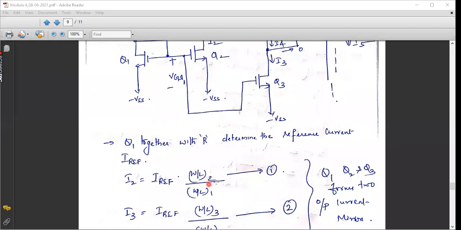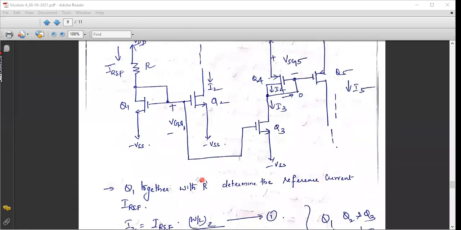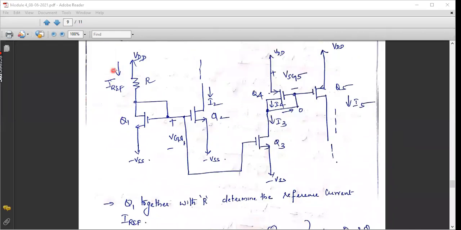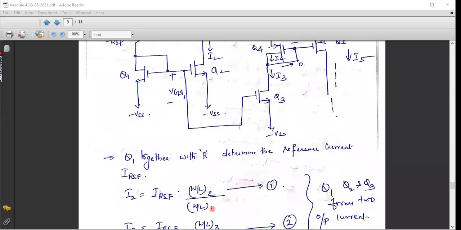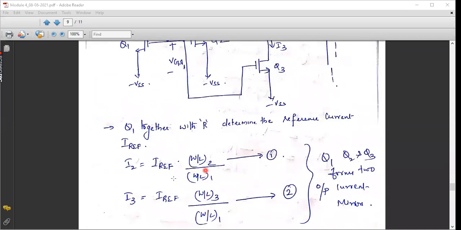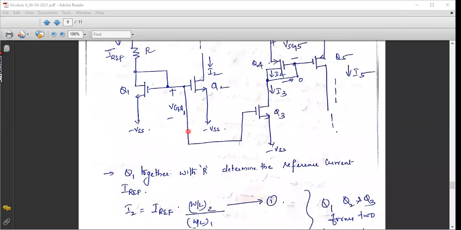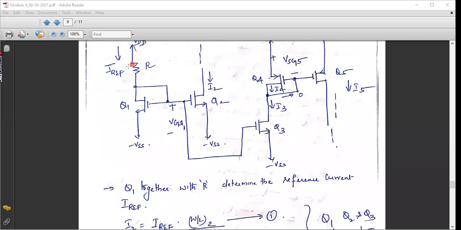This 2 indicates it is of Q2, divided by the reference transistor, which is Q1, because you know that the reference current is flowing through Q1. Therefore, we need to mention the aspect ratio of Q1, that is (W/L)1. So as per equation 1, I have written an equation for I2 in terms of IREF as well as the corresponding aspect ratios.